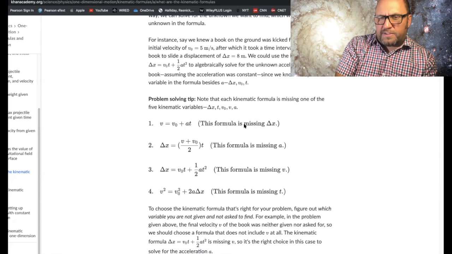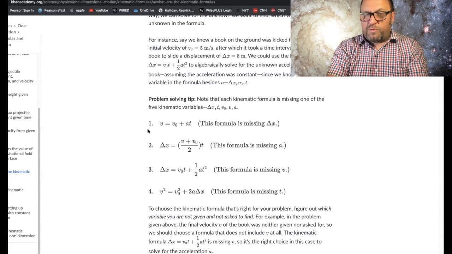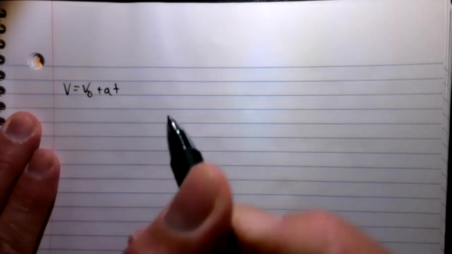This formula is missing an x. So that means if you're not given distances in your problem, this might be an equation that you would want to use. Let's go ahead and write that equation out. So v equals v0 plus at.